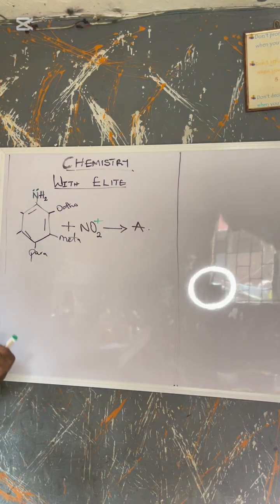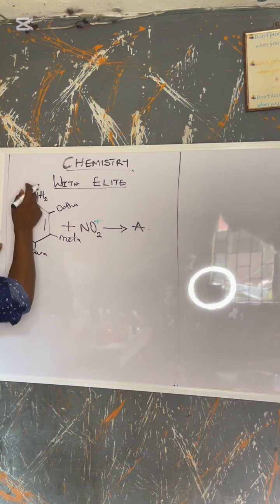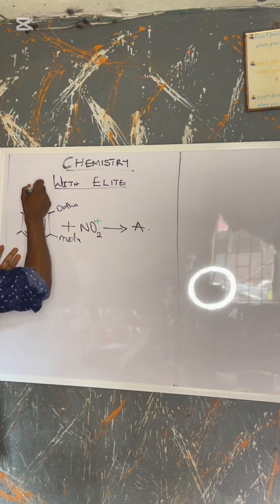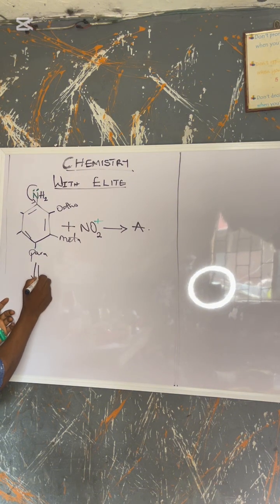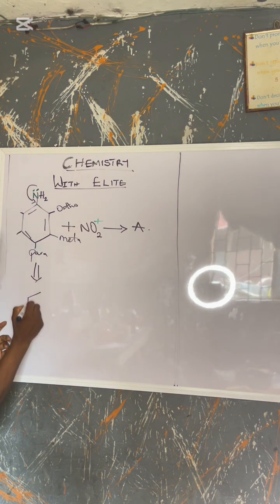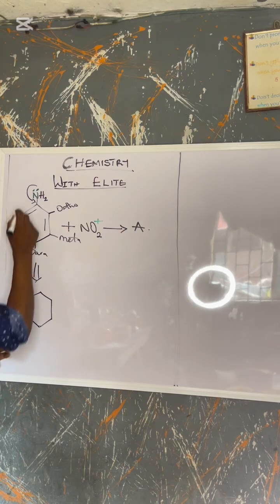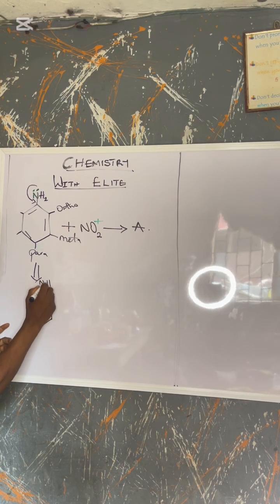Let's look at the mechanism. An activator, like I said, is any group that can give out electrons. Now, let's assume that this NH2, since it has a lone pair of electrons, gives this cyclic compound the electrons. If it gives it the electrons, let's look at what we are going to have. Then we are going to have something like this. Good. Now, this will not be double bonded to NH2.